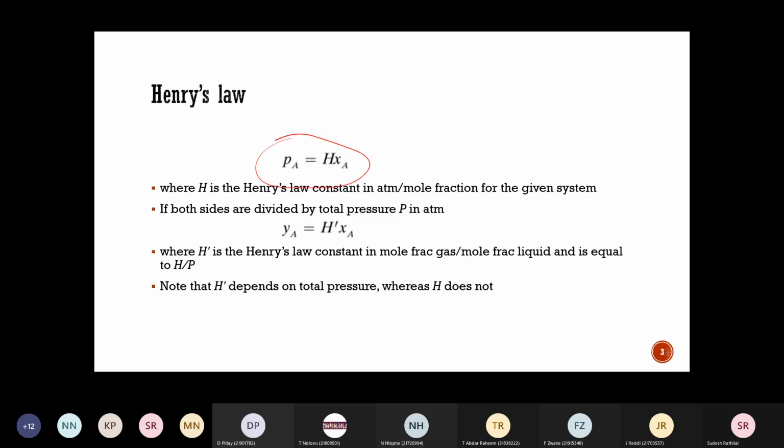H is Henry's law constant that you can find from tables. Instead of writing Henry's law in terms of partial pressures, we can relate it using a mole fraction. Henry's law now becomes H prime, or the constant becomes H prime, and H prime is given by H over P.